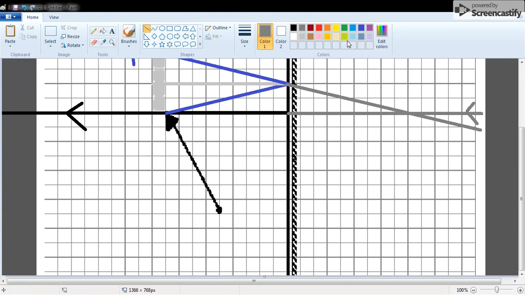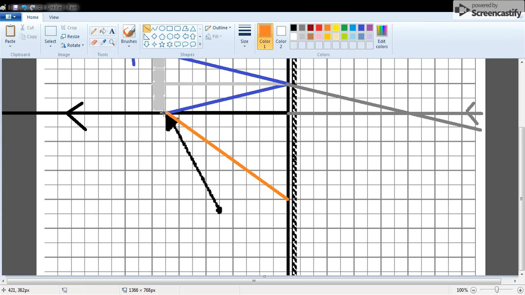Now that you got that, let's do the low beam and not bother with the normal because I've given it to you. Start here and send a beam in low. Hit one of these grid lines exactly where one of these lines is, and now you don't need to use your protractor. So how far away from the line am I?